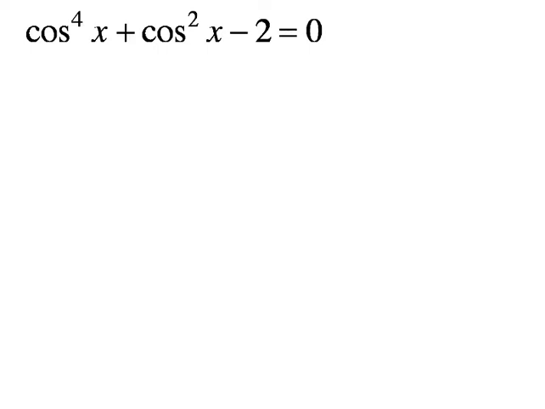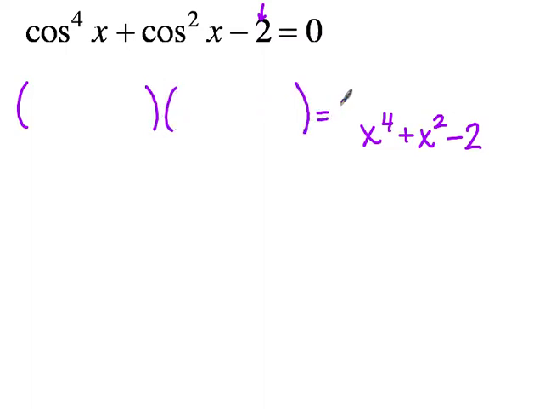Okay, on this one, if you notice, this is actually in a quadratic form. And so if I were to look at this, this is really the problem I have. And so I'm going to try to factor that. And so in order to factor that, I'm going to look at the last term. And the last term I get is a 2.